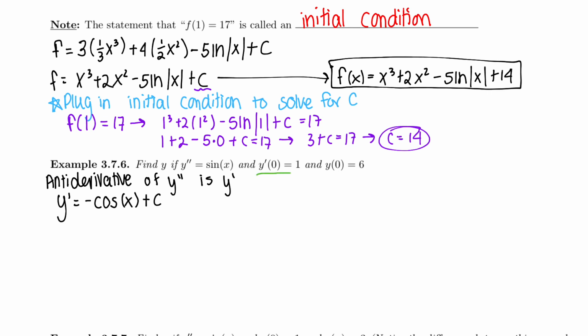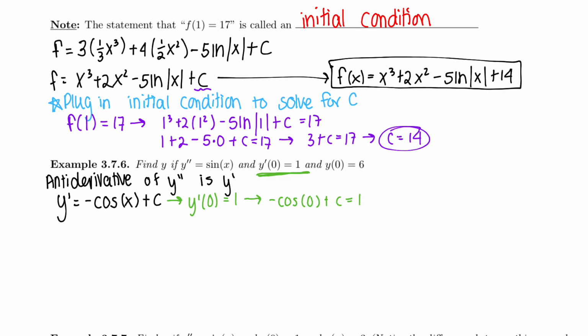They say y prime of 0 is equal to 1. So plugging in 0, you have negative cosine of 0 plus c is equal to 1.